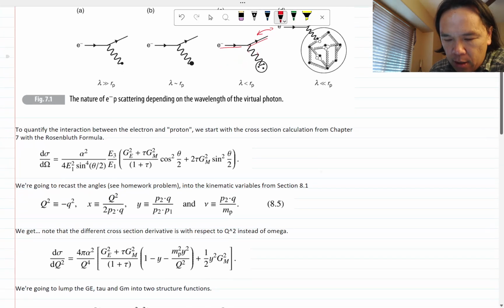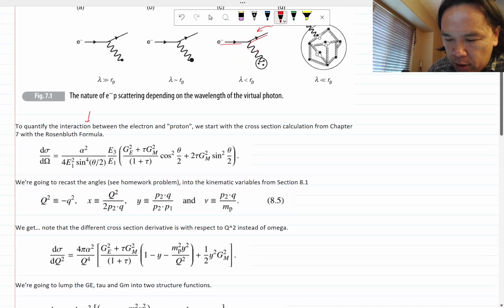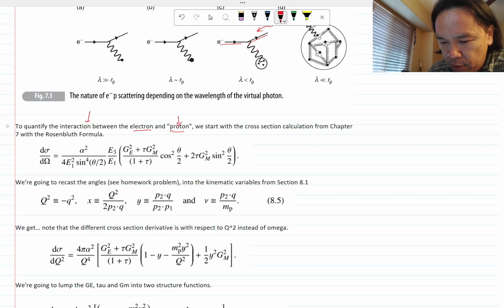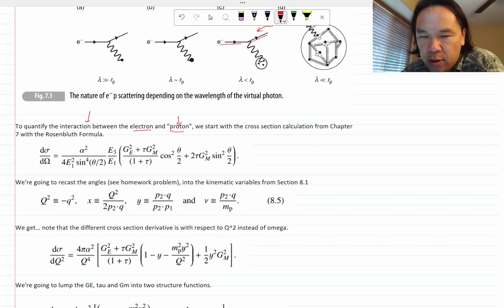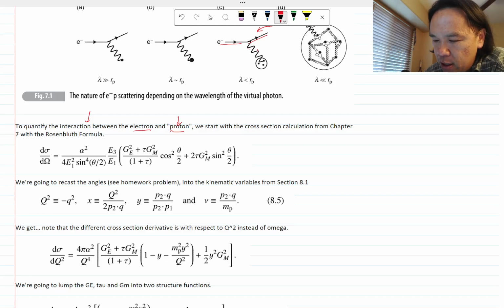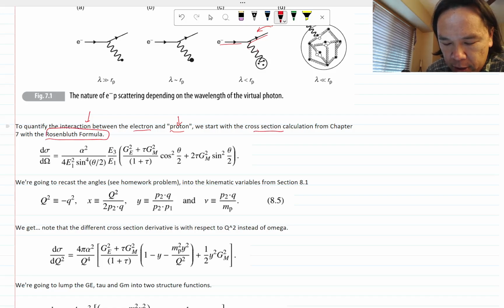Okay, right. To quantify these interactions, we already did the calculation last chapter of an electron, and I put proton in parentheses here because we're going to start scattering off stuff inside the proton instead of the entire proton itself. Okay, so we're going to start with the Rosenbluth formula.